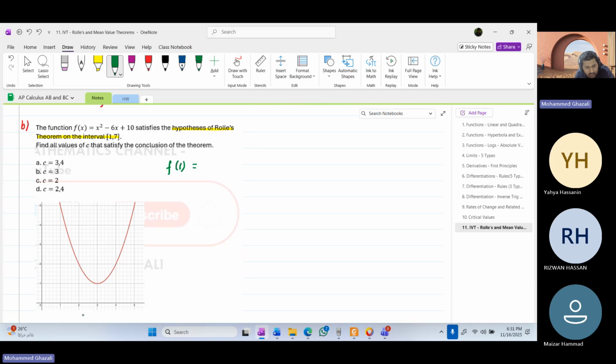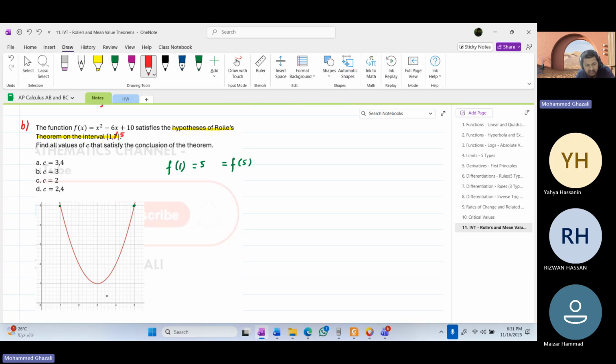F of 1 is equal to 5, see that point, and it's also equal to f of 7. I don't even have 7 here. Okay, but it's f of 1 equal to f of 5. So it shouldn't be from 1 to 7. It should be 1 to 5.